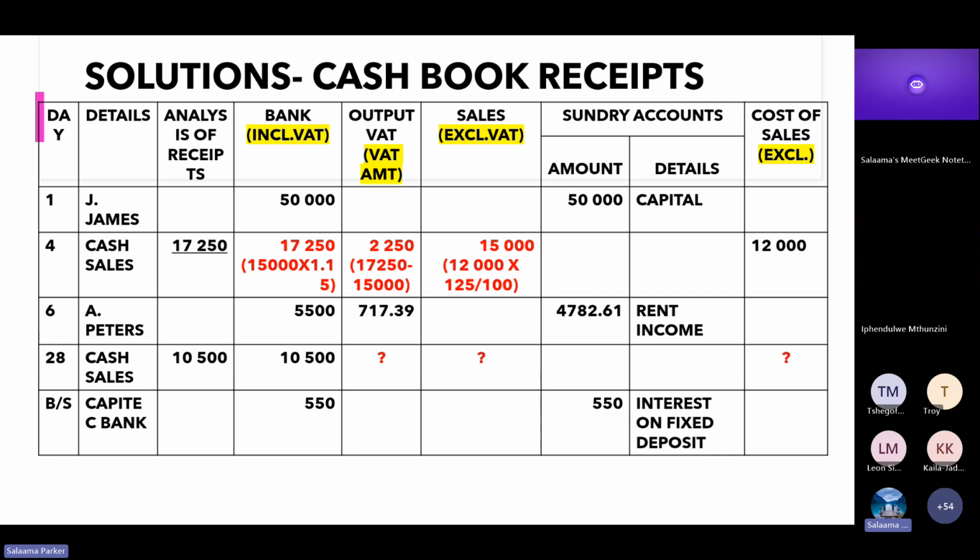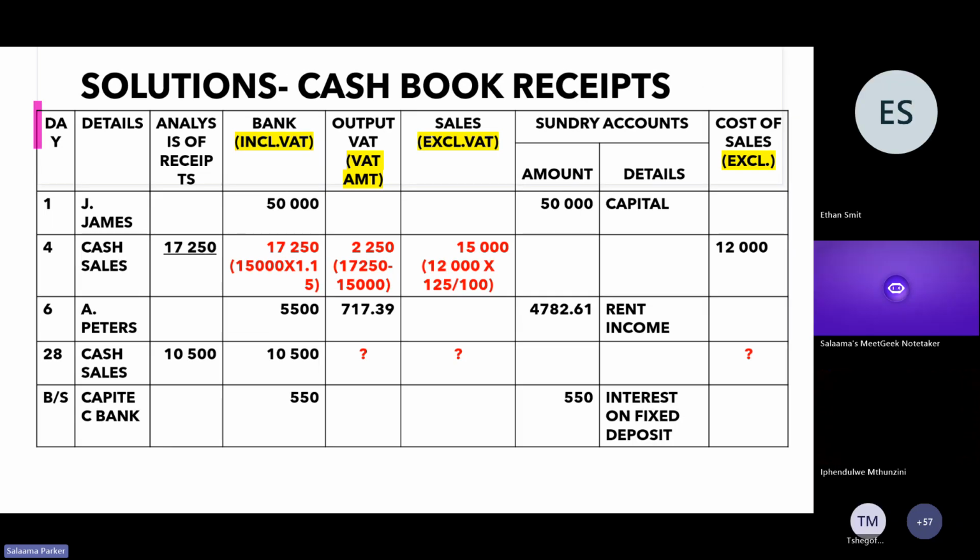Then let's just have a look at our answers. Again, we know we have a day column. That is the date of the transaction details. There we record from who did we receive the money. Okay, and this was the owner's contribution. So the money went directly into the bank account of the business.